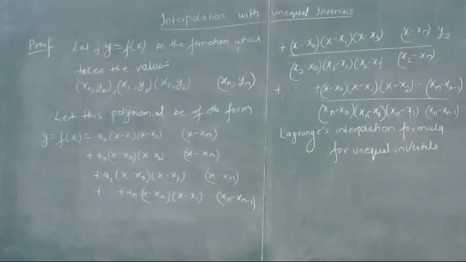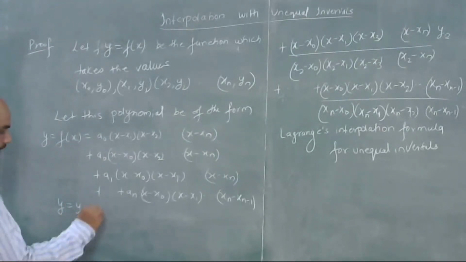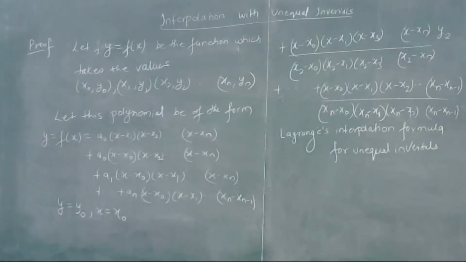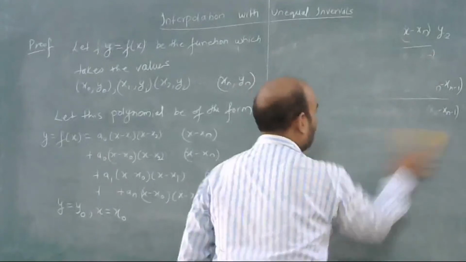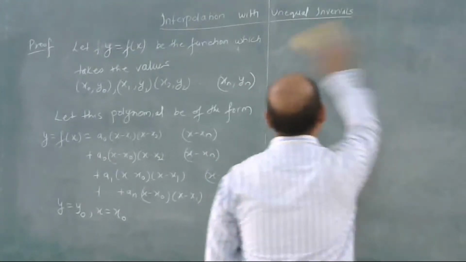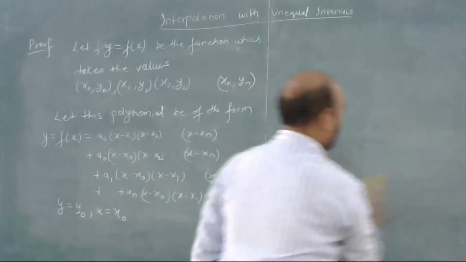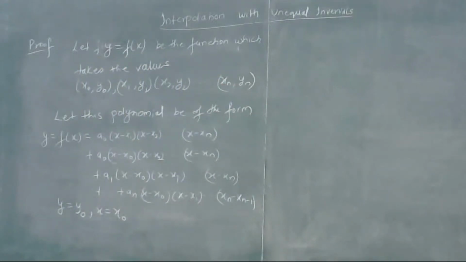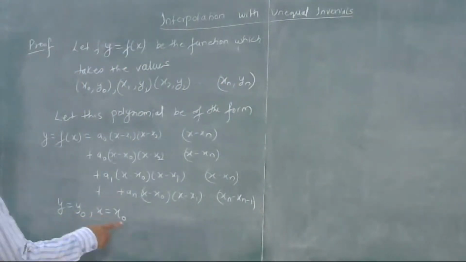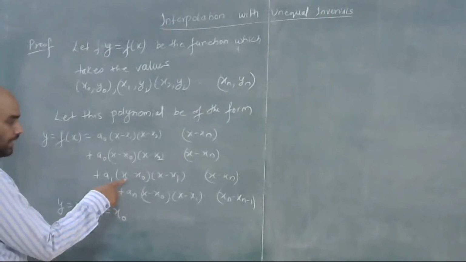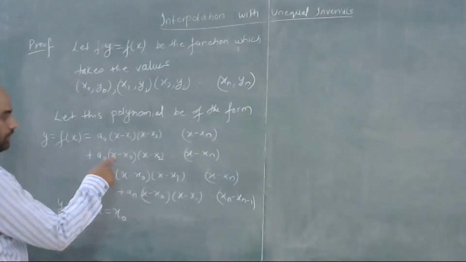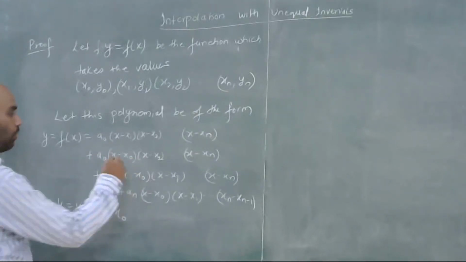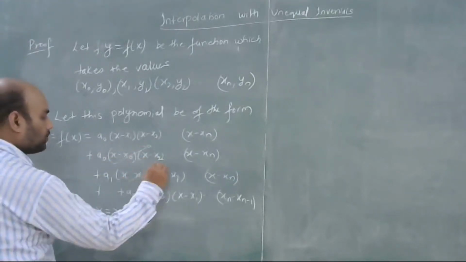Okay. So now substitute here y is equal to y0 and x is equal to x0. Okay. So we are assuming the first value of x is equal to x0, and we are finding the value of y. Okay, so substitute here x is equal to x0. If you substitute here x minus x0, this will be 0, so all these terms will become 0.